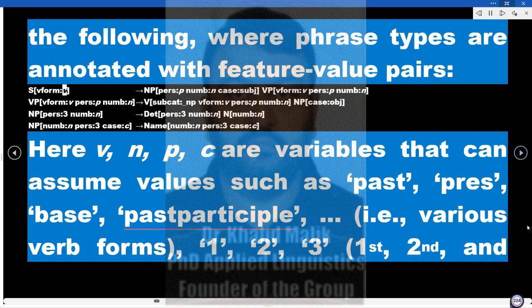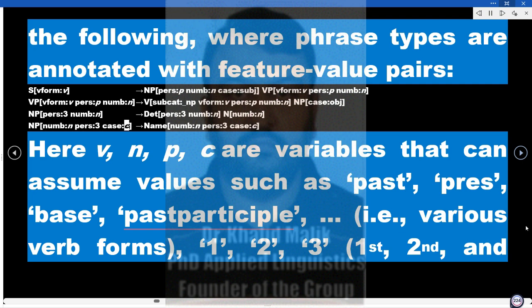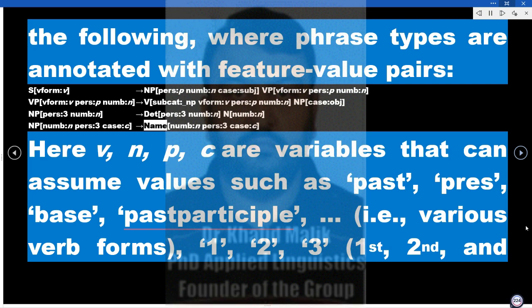S[VF v] → NP[num n, case subj] VP[VF v, num n]; VP[VF v, num n] → V[subcat _NP, VF v, num n] NP[case obj]; NP[+3, num n] → DT[+3, num n] N[num n]; NP[num n, +3, case c] → name[num n, +3, case c].